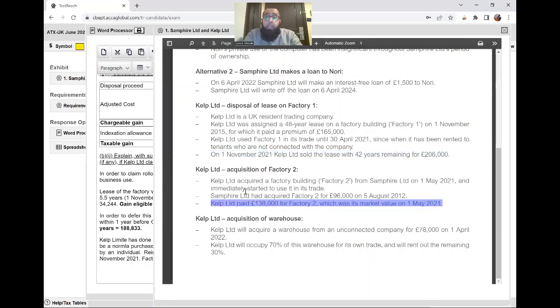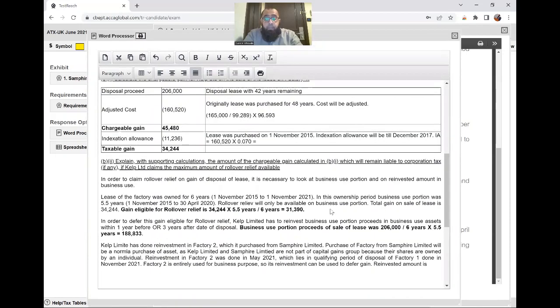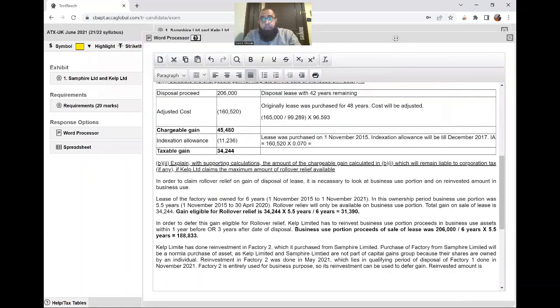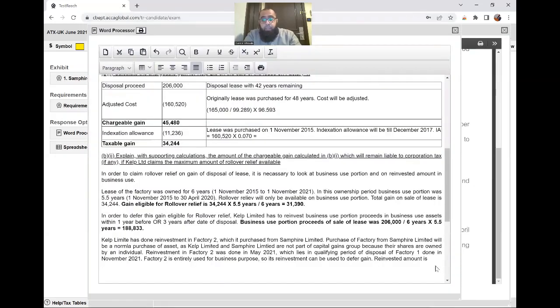Calp Limited has paid 138,000. This will cover the required reinvestment of 188,833 partially. Okay, now let's move forward.